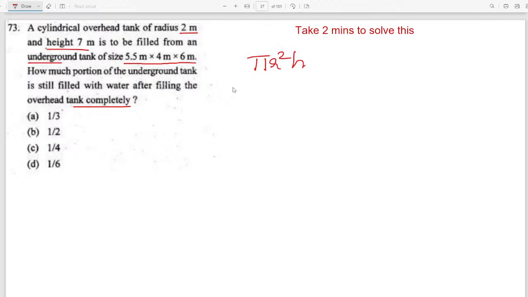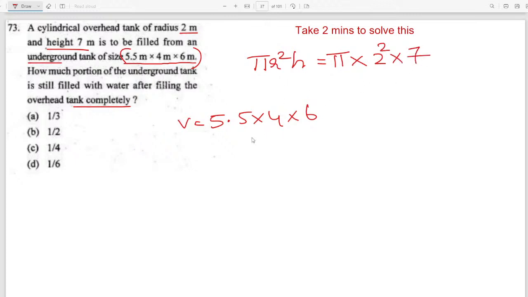In this case, the volume of the water that is there in the underground tank is 5.5 into 4 into 6. This is the volume of the water that is there. So now we have that the cylindrical overhead tank's volume is given by pi r square into h, that is pi, r is 2 square, h is 7 meters.